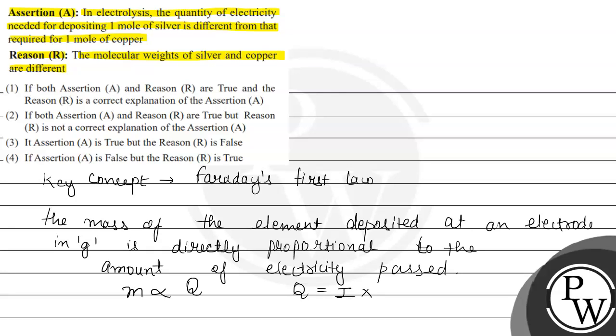When we remove the proportionality sign, Z is introduced, which is termed the electrochemical equivalent. So we can write M = ZIT.